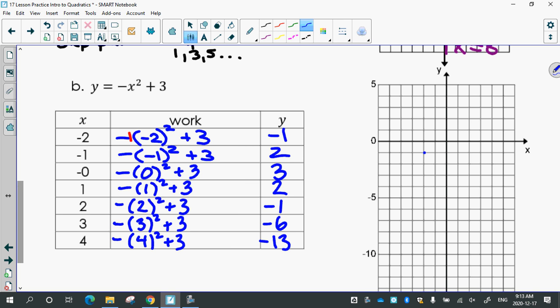Negative 2, negative 1; negative 1, 2; 0, 3; 1, 2; 2, negative 1, oops; 3, negative 6; 4, negative 13.